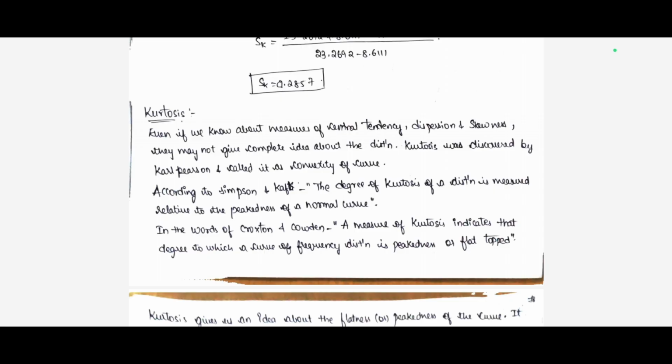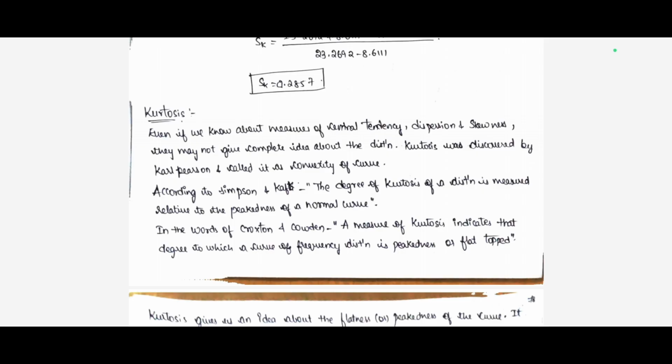Kurtosis gives the convexity of the curve, that is the peakedness of the data, how much height the curve has.